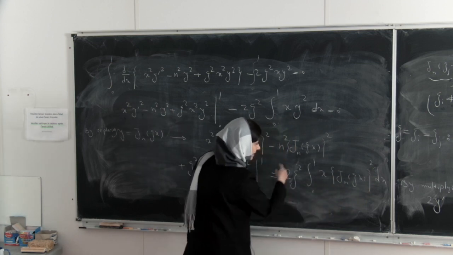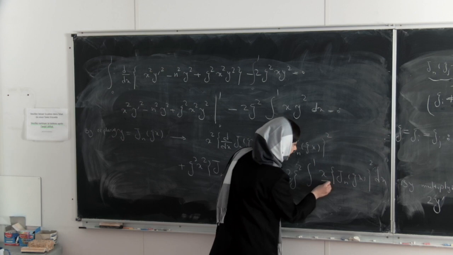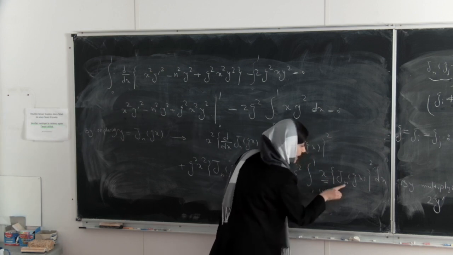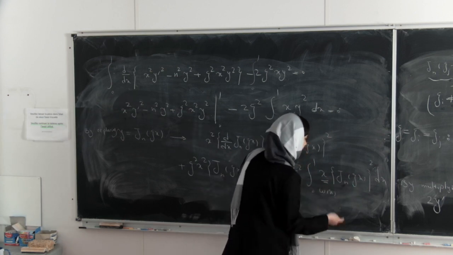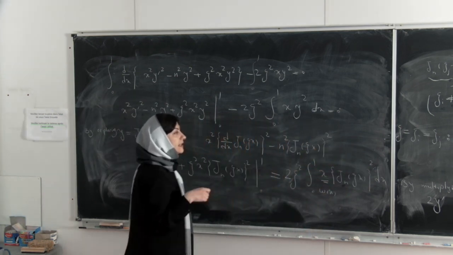We have this part, integral 0 to 1, it is weight function, Jn times Jn. We want to show that it can be like the theorem.